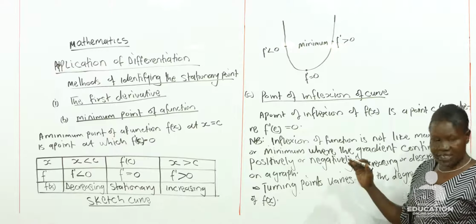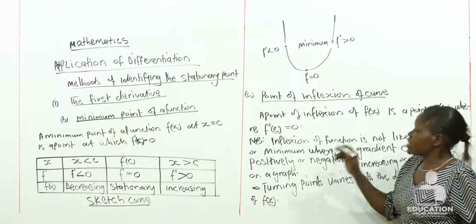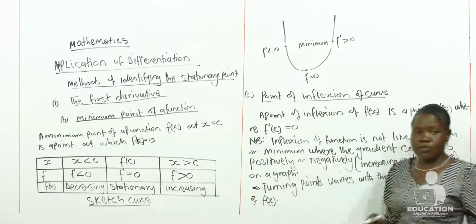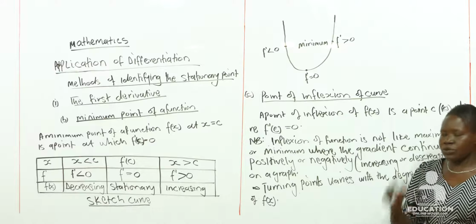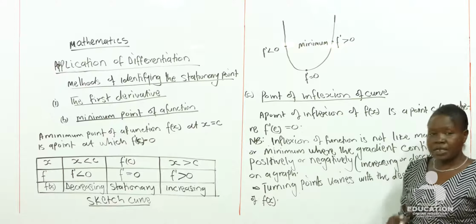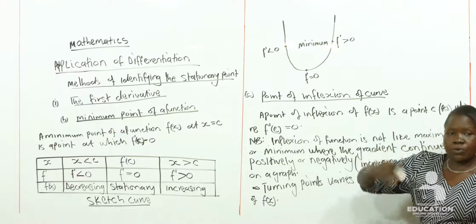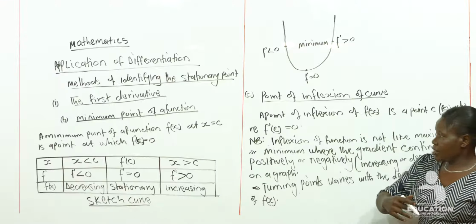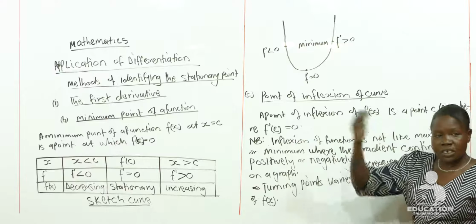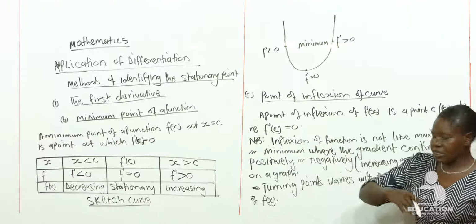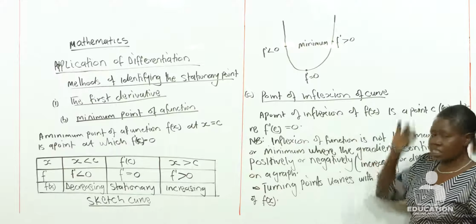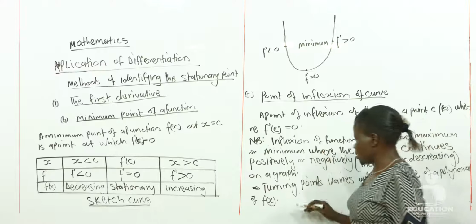It remains constant. It is not the case of a maximum and minimum, because when you look at a maximum and minimum, the gradient keeps on changing. It can be positive, greater or less, meaning that it keeps on increasing or decreasing. But in this case, it is constant. That is what it means.